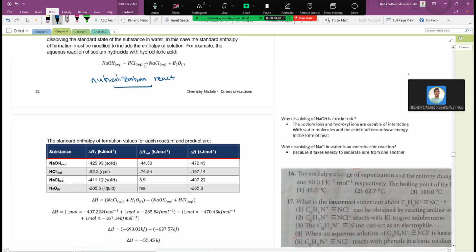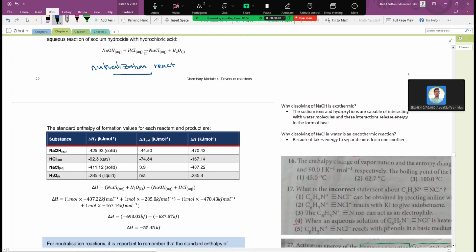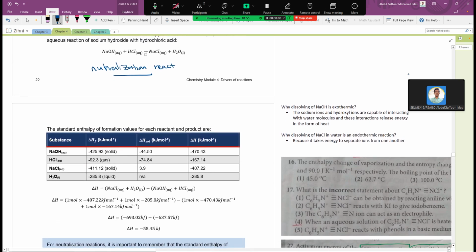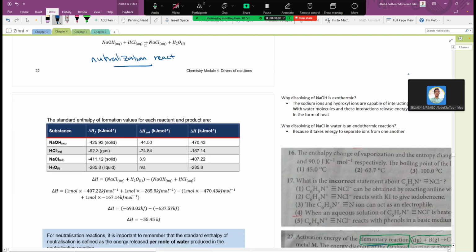So by just looking at the sign of the value, now here you see delta H. Now the delta H value will have two components. One is the sign and the other one is the value. The sign will tell you whether it's exothermic or endothermic, and the value will tell you how much energy is released or absorbed, right?